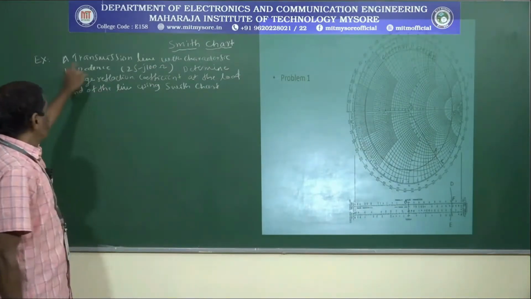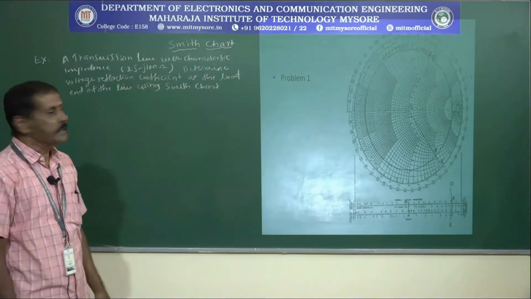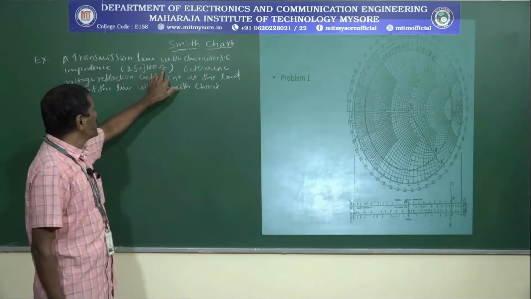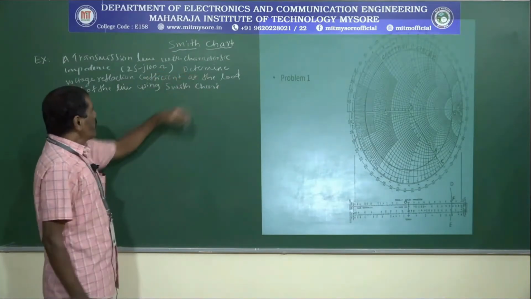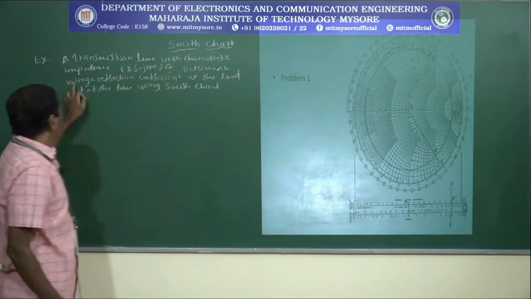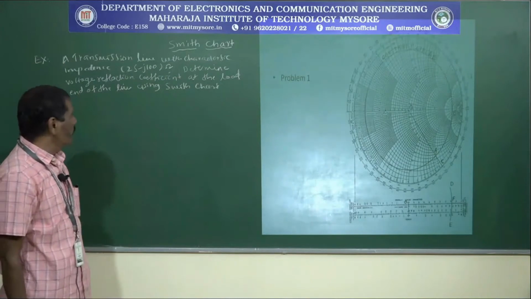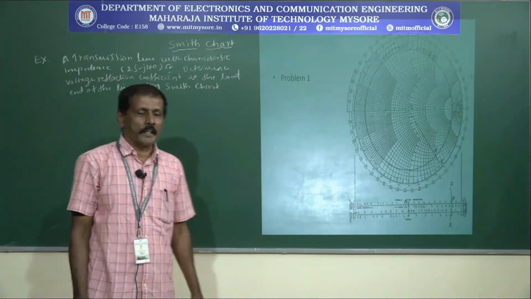Now, the given problem is a transmission line with a characteristic impedance of 25 minus j100 ohms. Determine the voltage reflection coefficient at the load end of the line using a Smith chart.